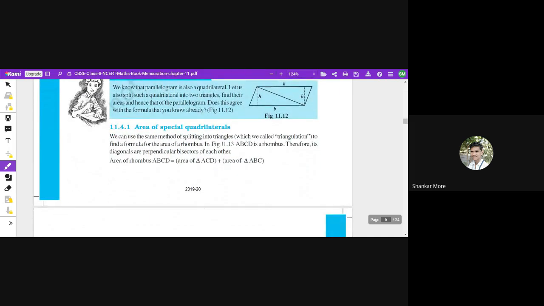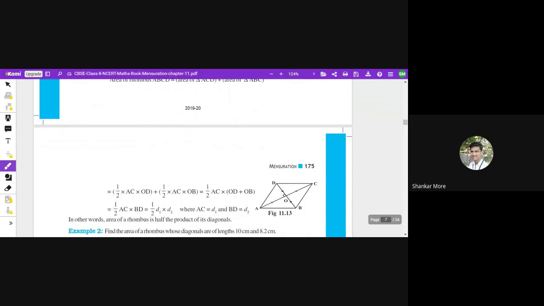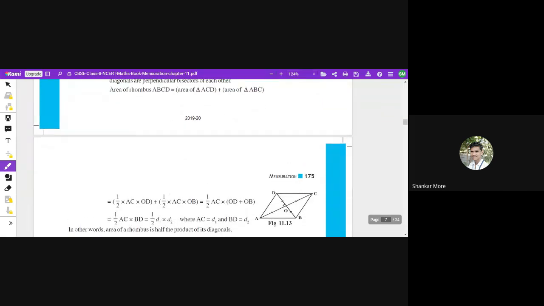Okay, so area of special quadrilaterals. Area of rhombus. अगर हमें find out करना है तो let's see the figure. So this is a rhombus, and what we are doing again here is dividing it into two triangles, triangle ACD and triangle ABC. पहले तो ट्रायंगल ACD का हम यहाँ पे एरिया निकालेंगे, फिर ABC का निकालेंगे.